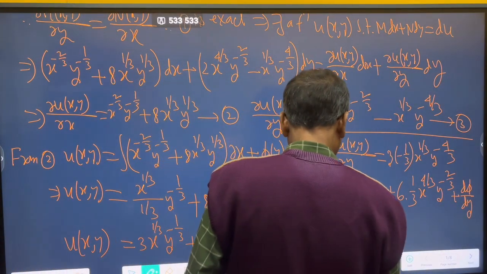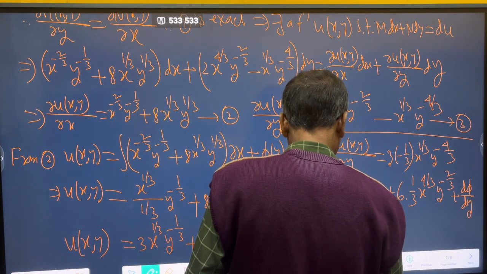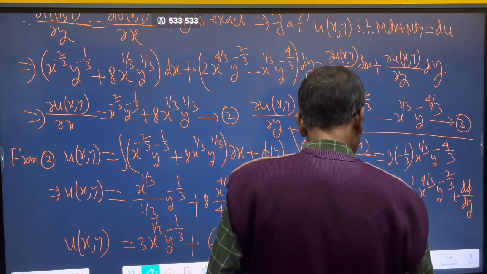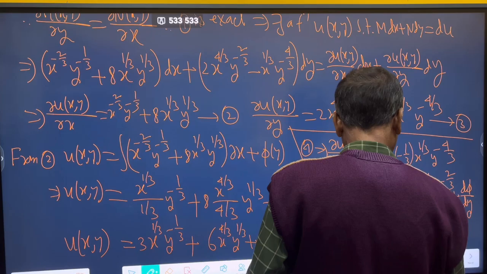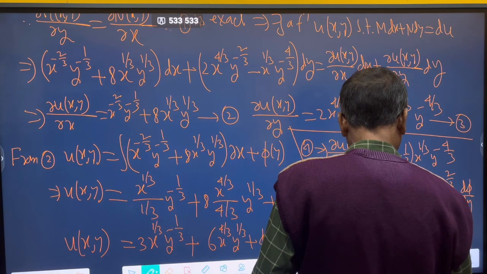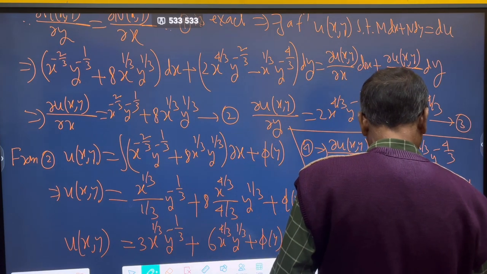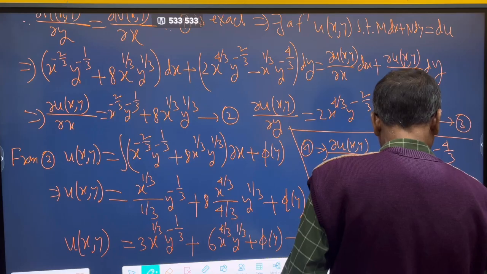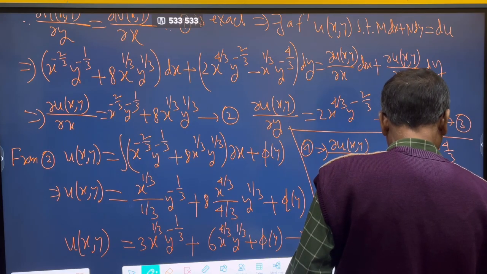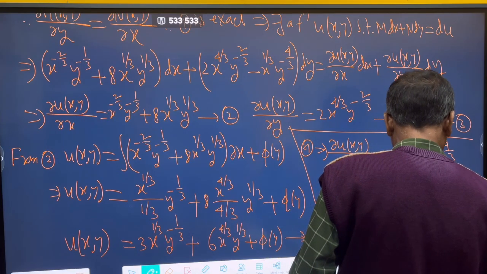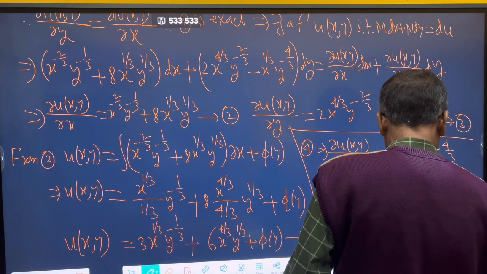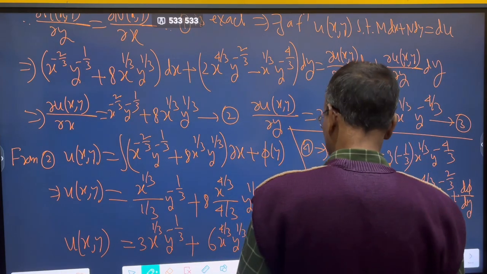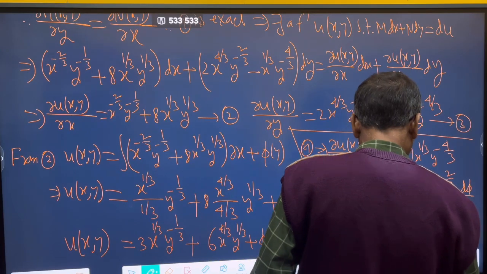This means del u by del y is equal to minus x to the power 1 by 3 y to the power minus 4 by 3 plus 2 x to the power 4 by 3 y to the power minus 2 by 3 plus d phi by dy. Suppose this is number 5.